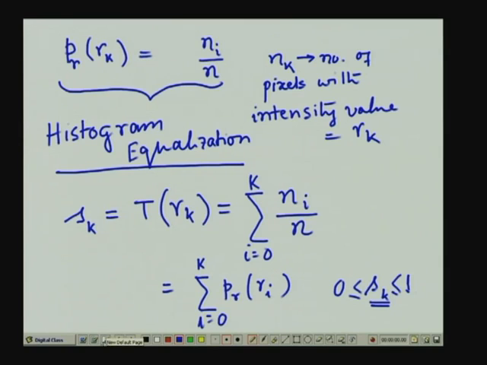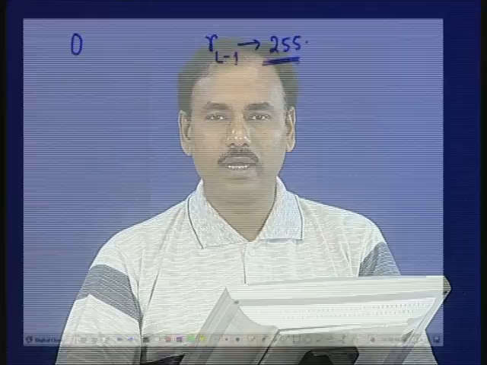But we know that for digital images, the minimum intensity can be 0 and the maximum intensity can be r_{L-1} as k varies from 0 to L minus 1. In our discrete case, this is equal to 255, because the intensity values of different images are quantized with 8 bits.